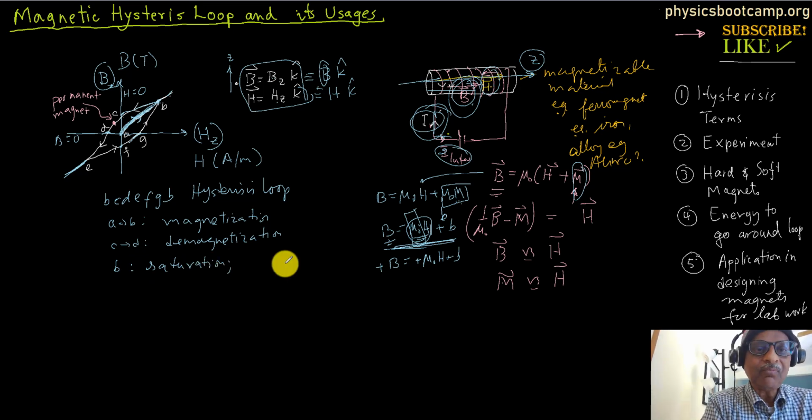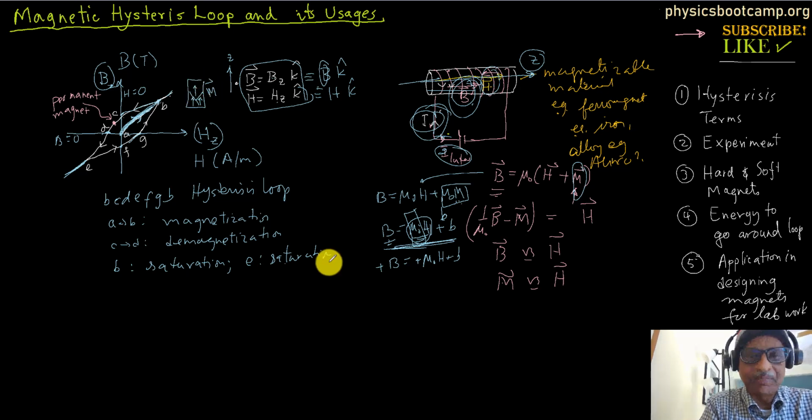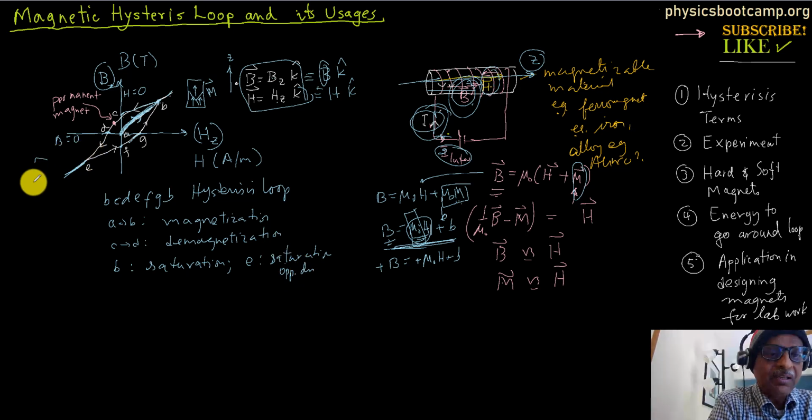So see, this is the Z direction, and this is the magnet. All the magnetic domains are kind of lined up in that direction. And E is saturation, and this is the magnet, this magnetic vector. Saturation in the opposite direction. So at E, same magnet, now the domains are all down.